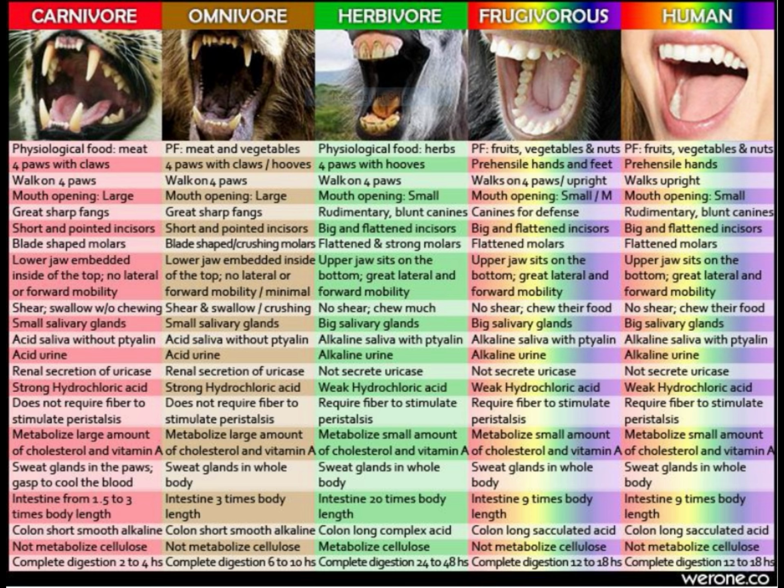That means to have a bowel movement, whereas both the great ape and the human require fiber to stimulate peristalsis. It says here that the human and the chimp both lack the ability to digest large amounts of cholesterol and fat-soluble vitamins, such as vitamin A, whereas the carnivore can metabolize large amounts of cholesterol and vitamin A, or just fat-soluble vitamins in general.